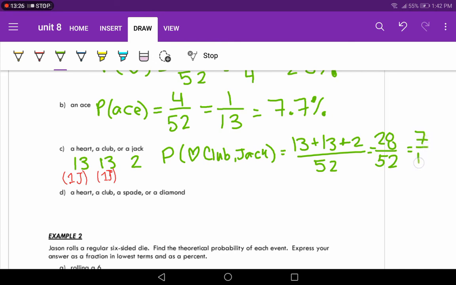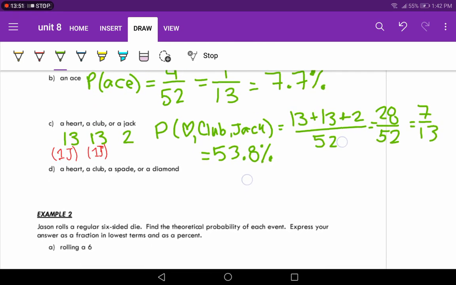That gives us a total of 7 over 13. 7 divided by 13 times 100. So we have a 53.8% chance of drawing a heart, a club, or a jack.